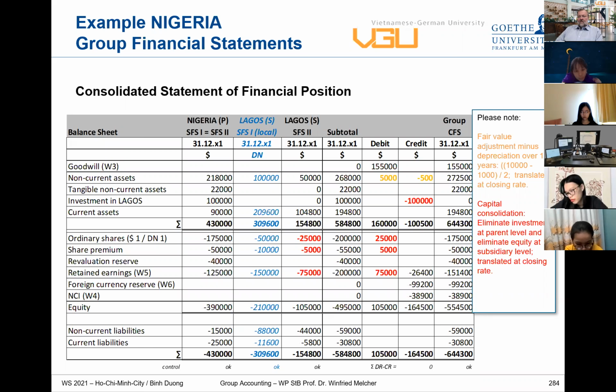All right. So when we have foreign exchange issues in the translation of financial statements, I think we would not include this dinar column, but do it on an extra sheet of paper, then come up with these figures over here, and then put those two, Nigeria and the subsidiary, side by side, and then do the subtotal.